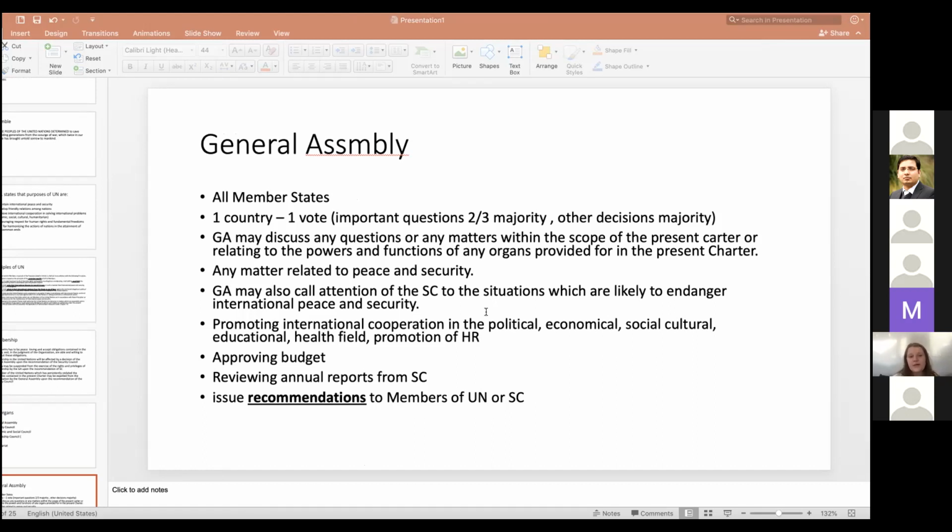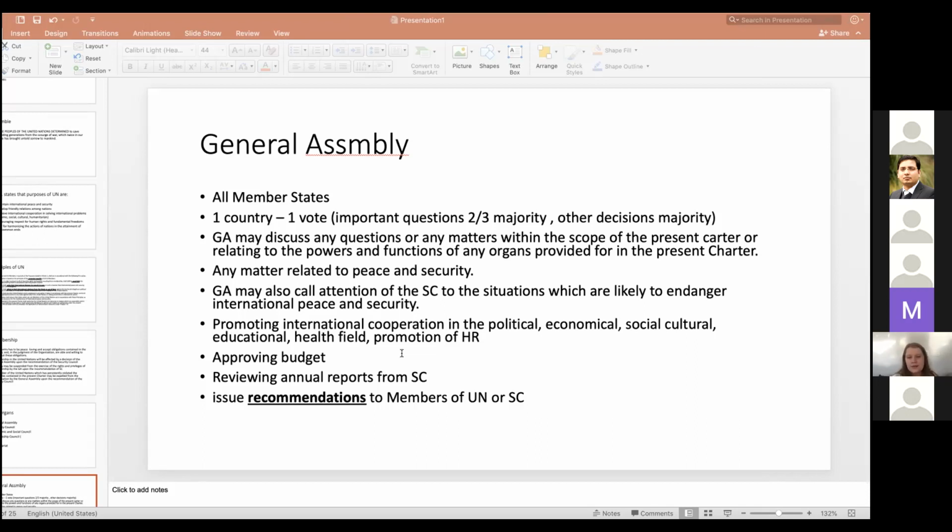Each of the 193 member states of the United Nations has an equal vote. The scope of work of the General Assembly is very broad. Article 10 states that the General Assembly might discuss any question or any matter within the scope of the present Charter or relating to the powers and functions of any organs provided for in the present Charter.